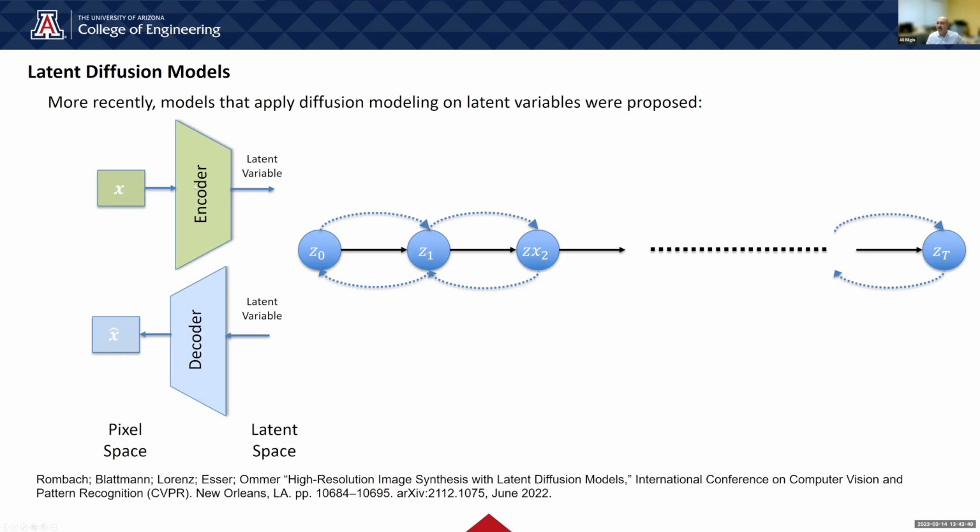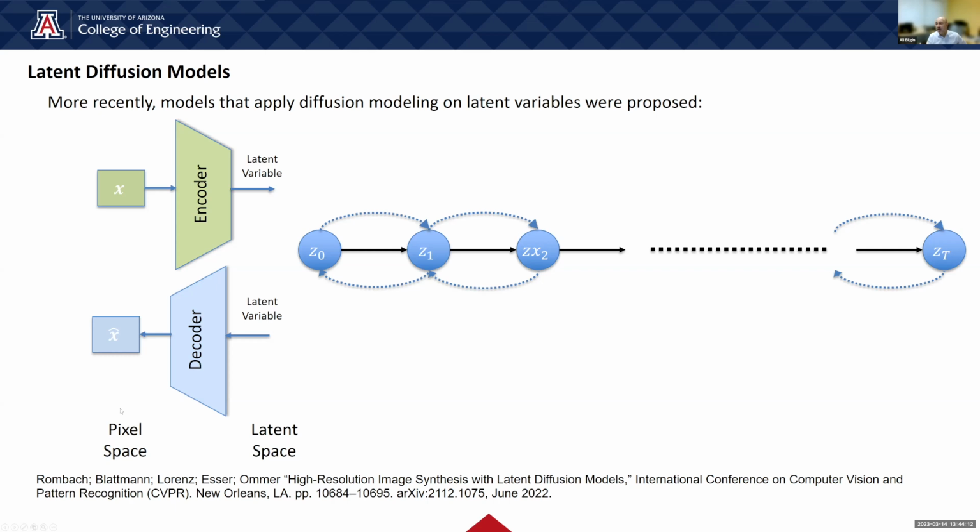Here's the idea illustrated. You have an image, and you pre-train an autoencoder, and once trained, you use the autoencoder to process your sample. You take your image, pass it through the autoencoder, and now you have a latent variable Z. The Z goes through this diffusion process, and once you generate a sample, you can pass it through the decoder in your autoencoder to get back your image in pixel space.